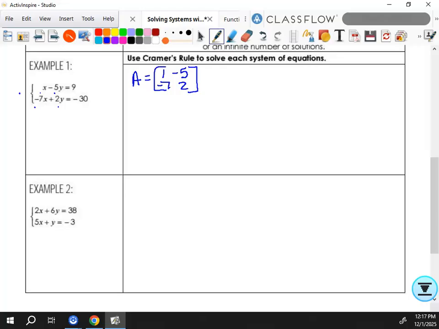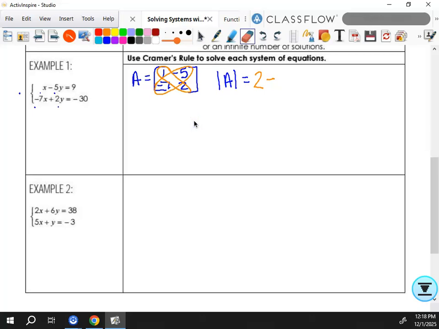Then we are going to find the determinant of the coefficient matrix. Here's how you do the determinants. Determinants of 2 by 2, way easier than any other 3 by 3 or anything else. It's down minus up. So I do this down diagonal, I do 1 times 2, which is 2, minus the up diagonal.